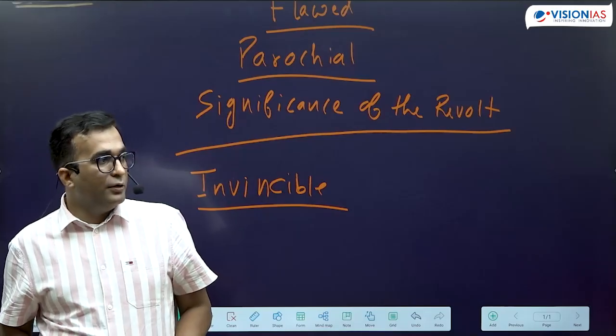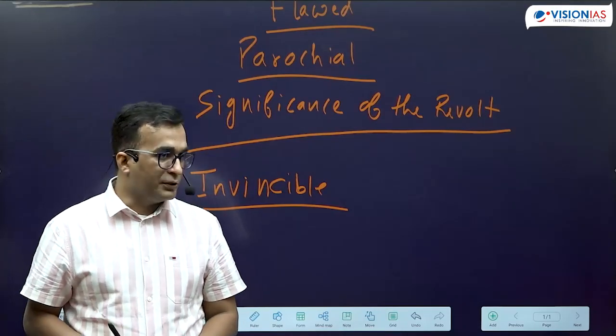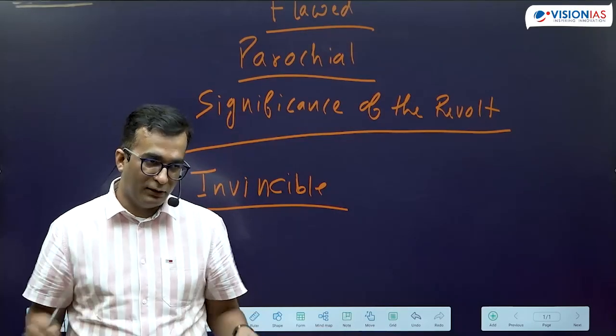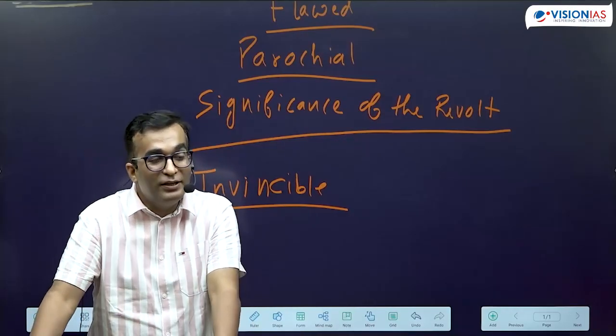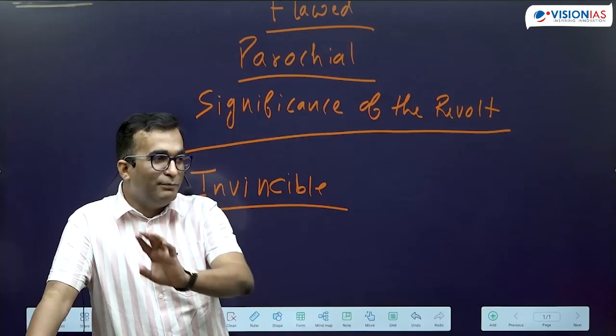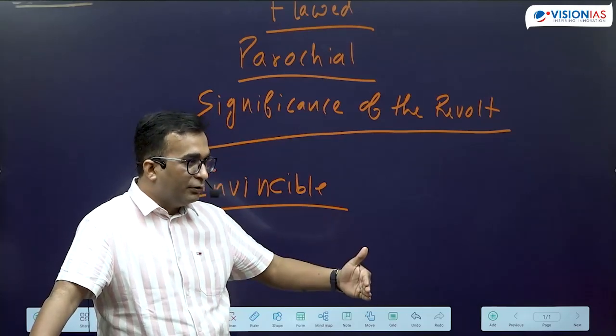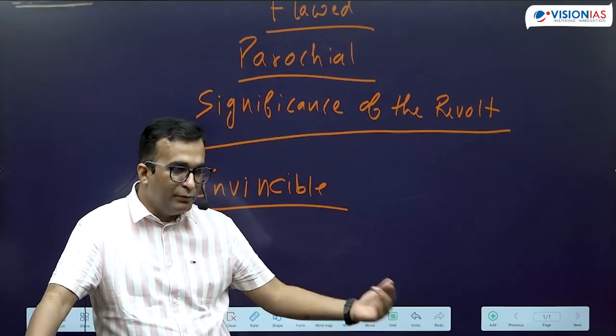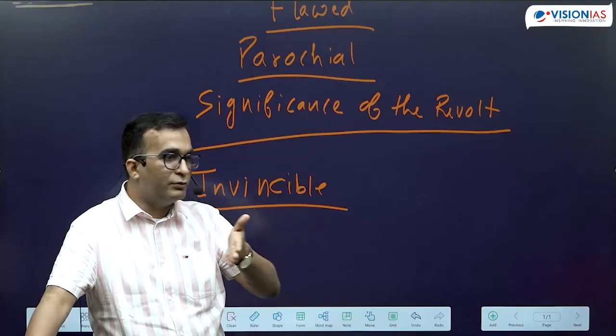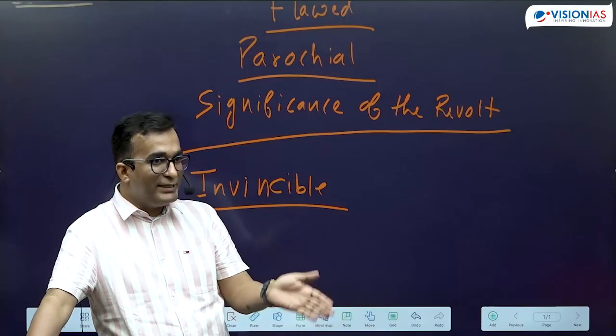So from this perspective, it was important. The 1857 revolt is over. We'll see why it is important that the policy of annexation will stop. And in fact, from here onwards, there would be more incorporation of Indians into the administration. So we'll see that in the next part.